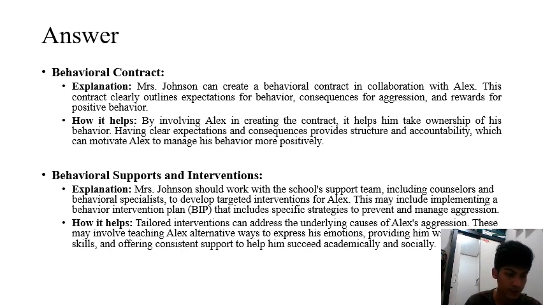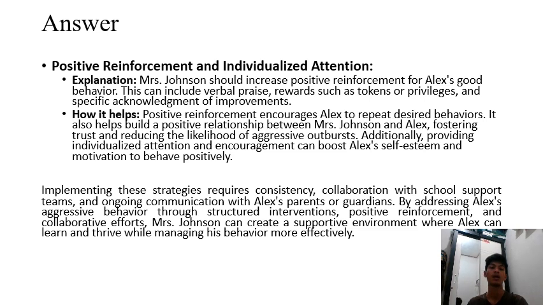How it helps is tailored interventions can address the underlying causes of Alex's aggression. This may involve teaching Alex alternative ways to express his emotions, providing him with coping skills, and offering consistent support to help him succeed academically and socially.